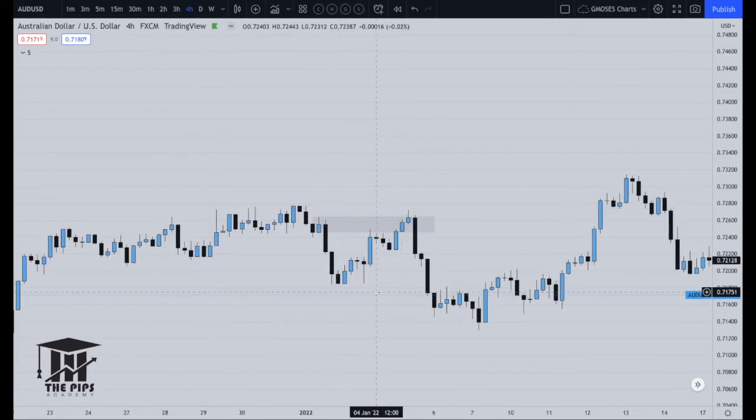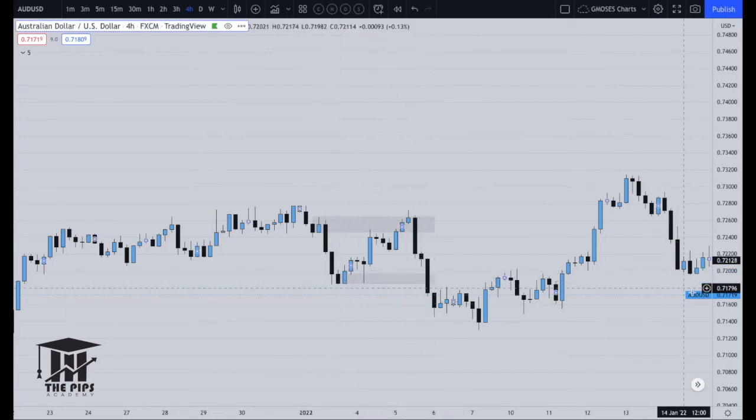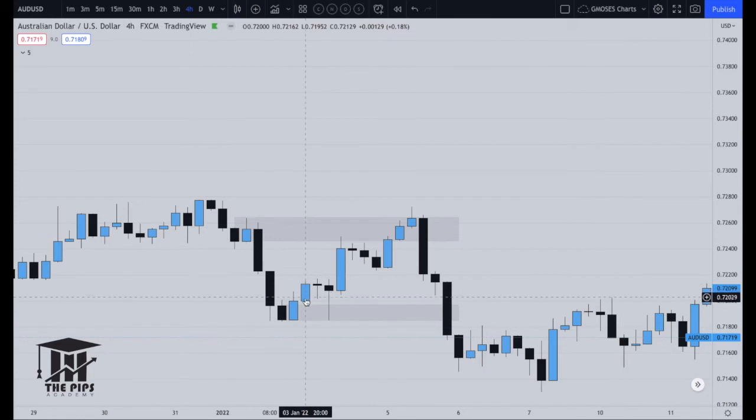Let's look at another one. This one here is your bullish engulfing order block. Here, you will mark it here. As you can see, price, let's make this a little bigger. Price shot away. Actually, before it, price opened here, came back to retest, shot away.